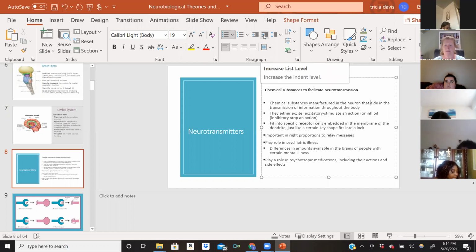There are differences in amounts available in the brains of people with certain mental illnesses. When they study different mental illnesses, they have noticed that people that have certain mental illnesses or mental disabilities have varying degrees of different neurotransmitters, usually less than people who don't have any type of mental illness. And they also play a role in psychotropic medications with regards to their actions and the side effects.